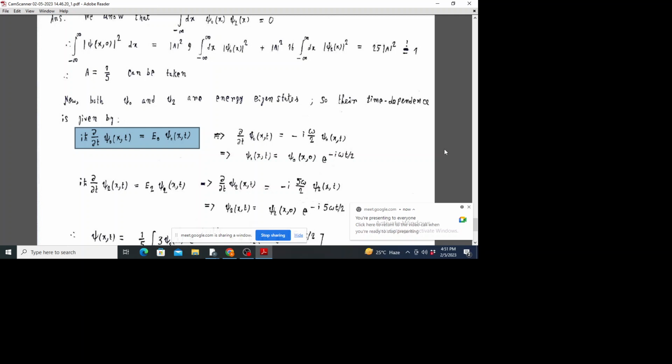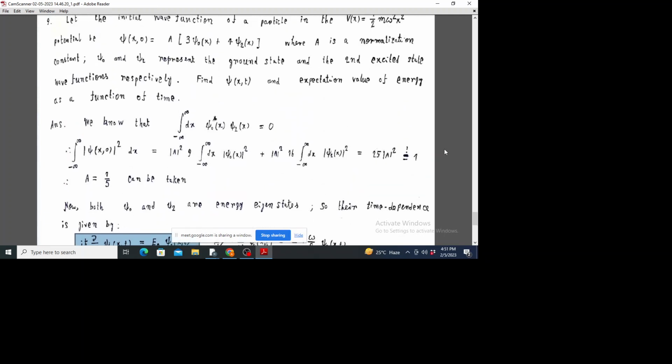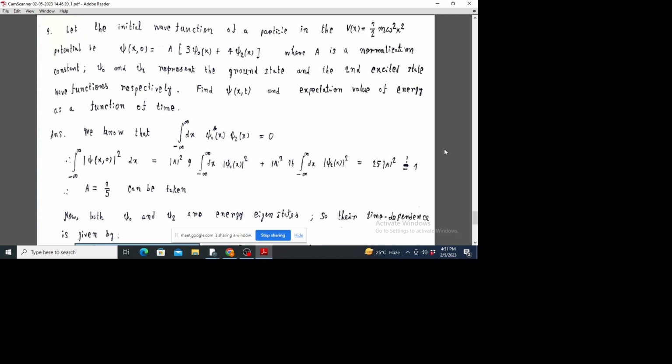The question was: let psi 0 and psi 2 denote respectively the ground state and second excited state energy eigenfunctions. We have to find, sir, exactly the same question but a different normalization constant. Okay, you are getting 3 by 2, I was getting 11 by 6. So the thing is, you have to add 5 by 3 plus 1 by 6.